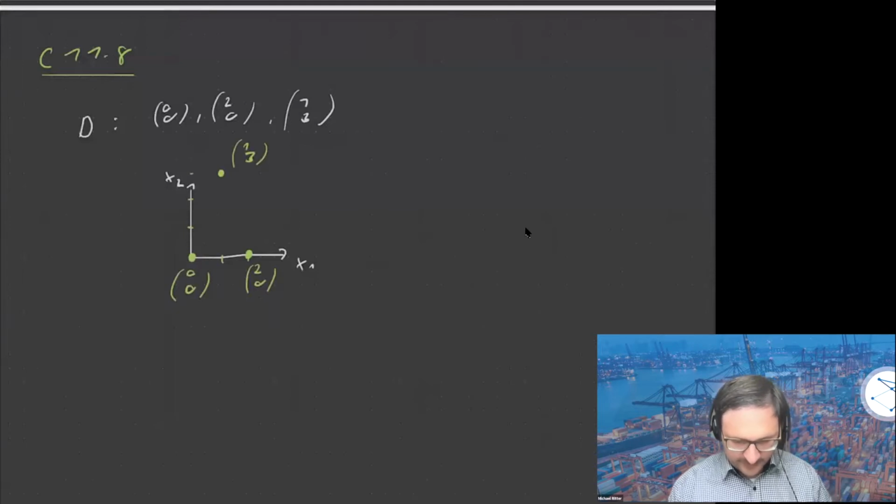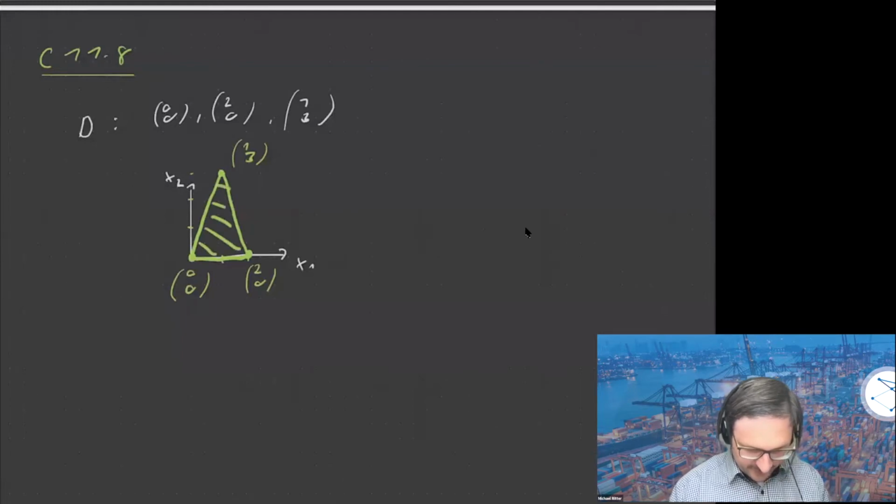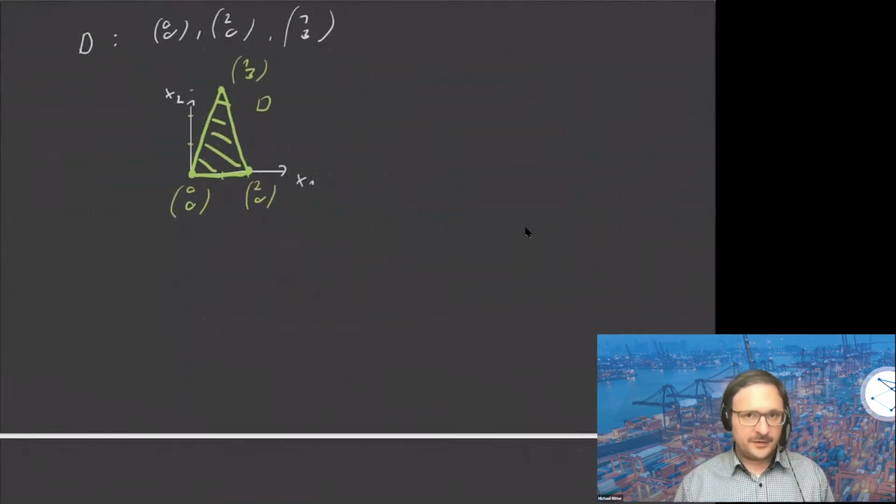And that means the triangle that we're talking about is these 3 sides here. So we're integrating over this domain here. That is the set D. Okay, and I'm asking you to integrate a function over D. The function is x1 squared x2, dx1 dx2.